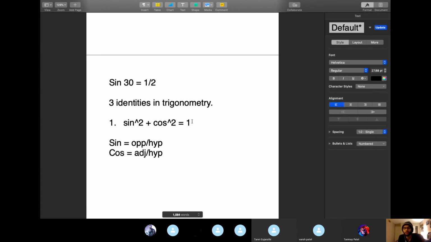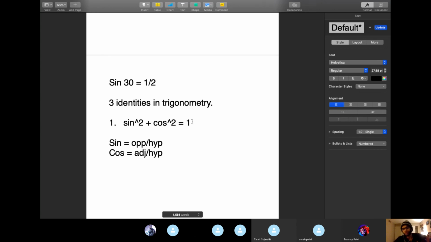Anybody else? I'm actually very much impressed with the way you guys are thinking. Okay, Aryan is saying, sir, I think hypotenuse is the same and adjacent and opposite are equal. No. I want a complete answer.